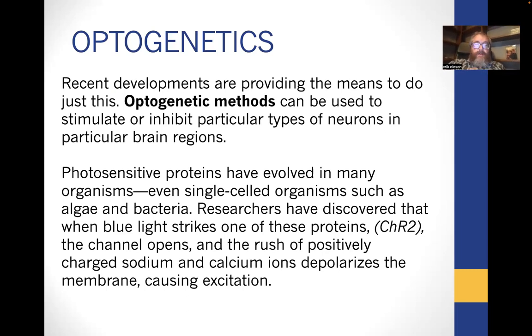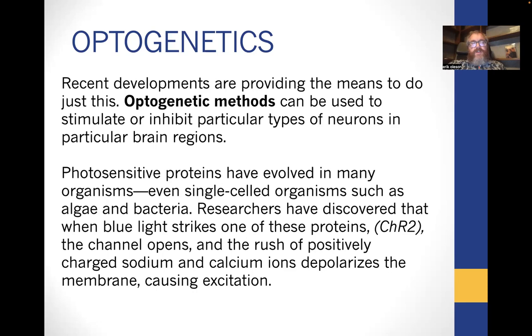Optogenetics allows us to do just that. They involve photosensitive proteins that have evolved in many organisms, even single-celled organisms such as algae and bacteria. This is what you see when you see the glowing organisms on the ocean lighting up in the moonlight.